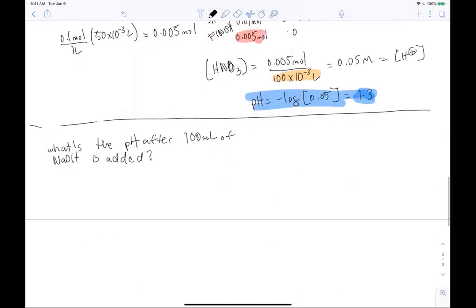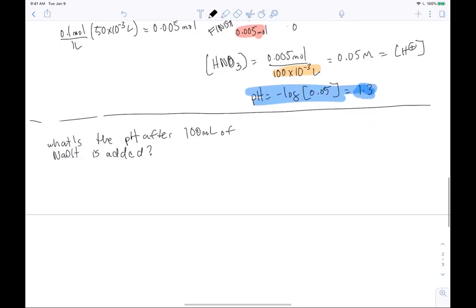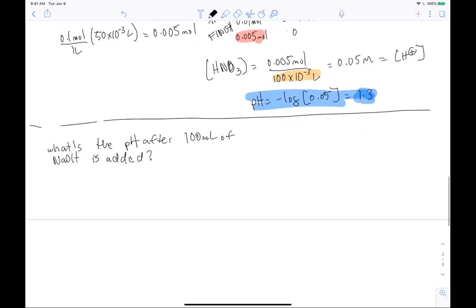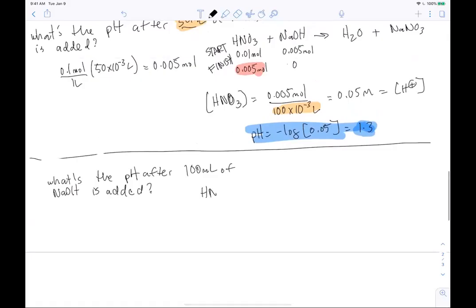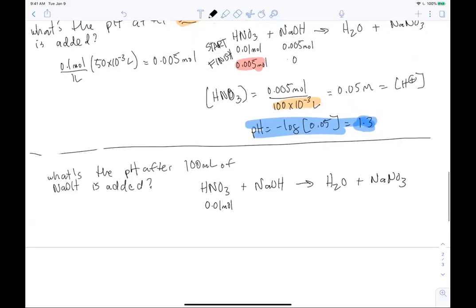All right, what's the pH after 100 milliliters is added? Again, we're starting out with 0.01 moles of nitric acid. And now we're saying, what if we added 100 mils instead of 10 or 50?